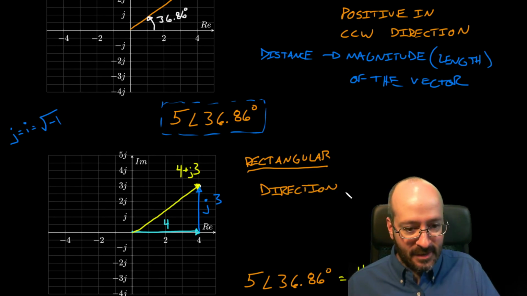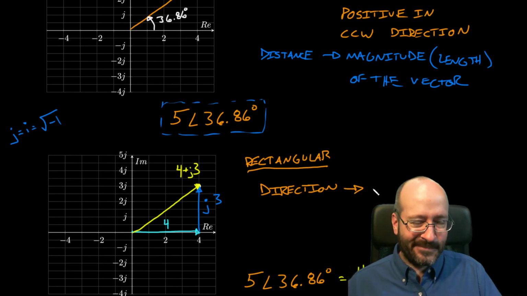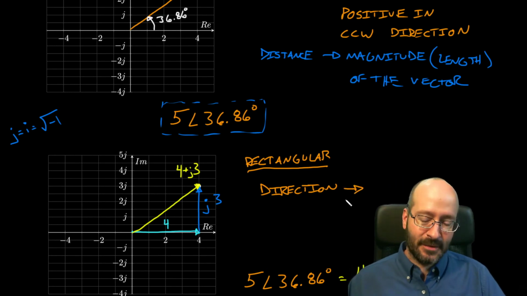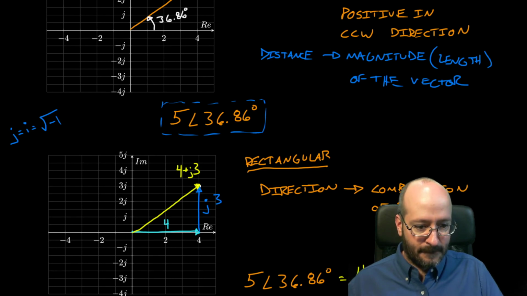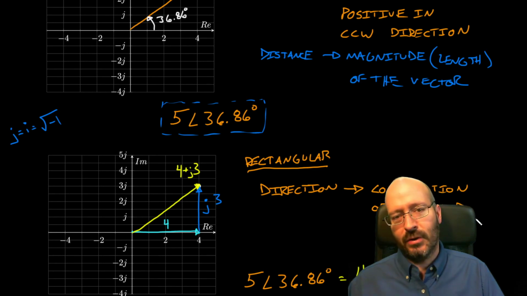So from this we get direction. Where do we get direction from? We get the combination of real and imaginary parts. It's a little bit like finding a grid location on a map.